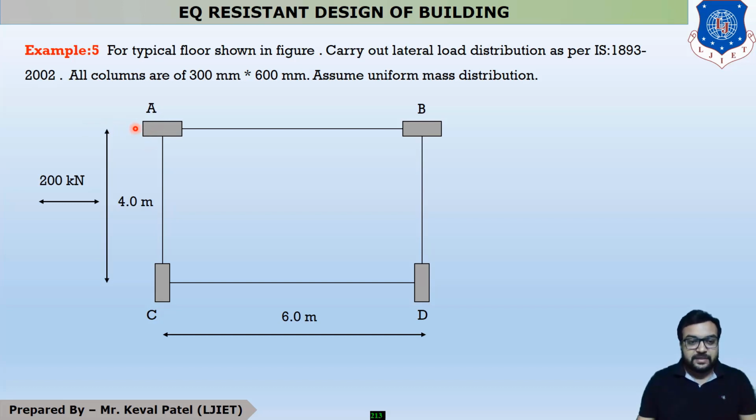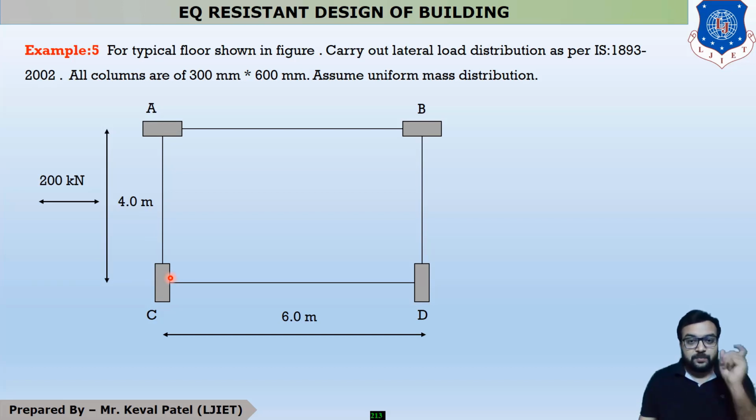If your load is acting in this direction, then whenever your load is acting on this face, the distance traveled by the load is 600 mm because this horizontal direction is 600 mm. And for this column, if the horizontal force is acting in this direction, it passes through the 300 mm dimension.